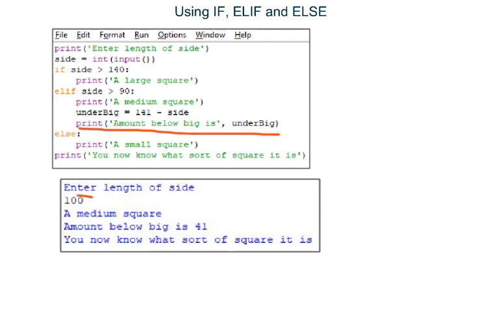So here, 100 is 41 below 141. It's done this calculation and found that out, so its output amount below big is 41. The program does not do the else because it's done the ELIF that came before it. So it finishes off by doing the line of code that is not indented.